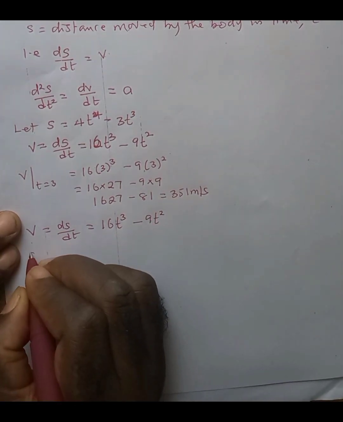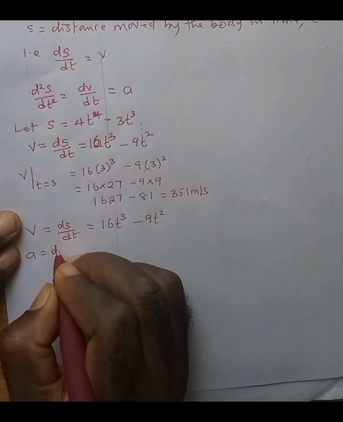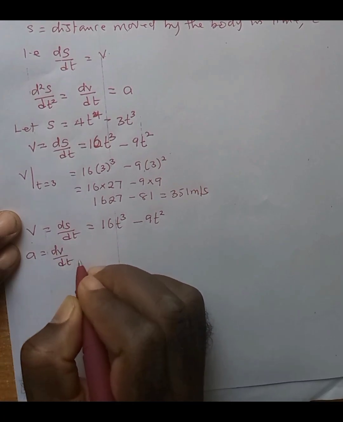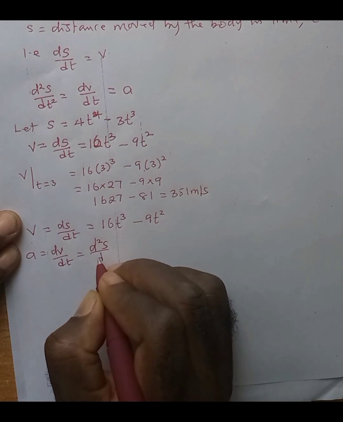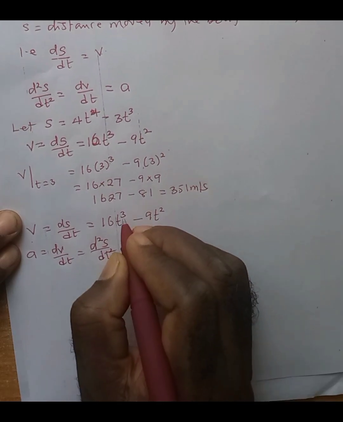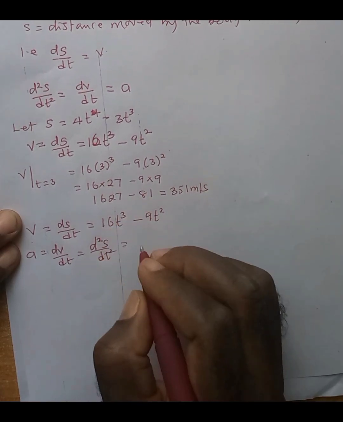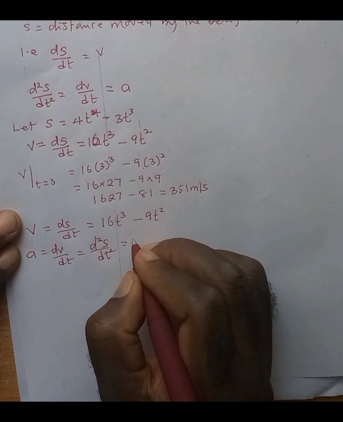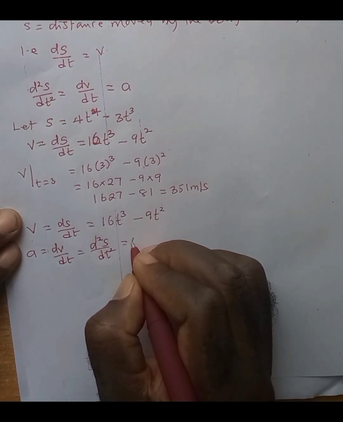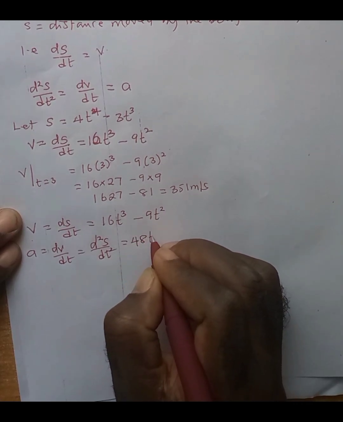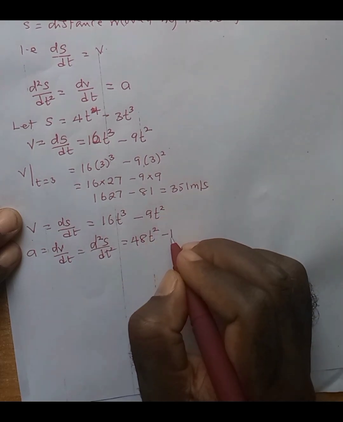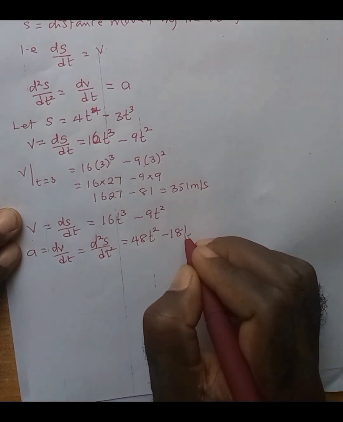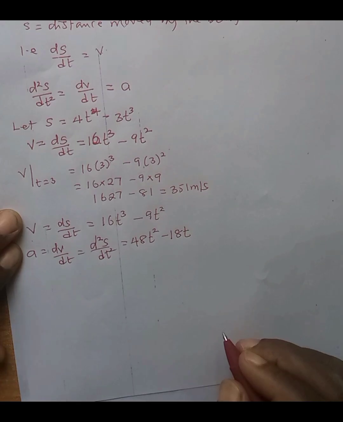When we further differentiate it, it will give us acceleration, that is dv/dt, which is equal to d squared s over dt squared. When we differentiate this, 3 will come and multiply the 16. This will give us 48. Then we subtract 1 from the power. This will be t squared, minus 2 will multiply 9 to give us 18. We subtract 1 from the power, we have t.